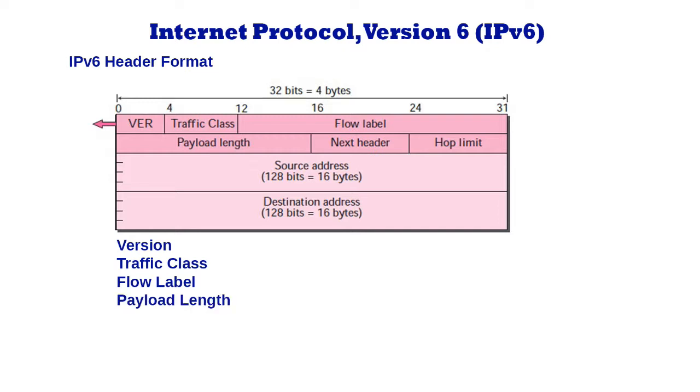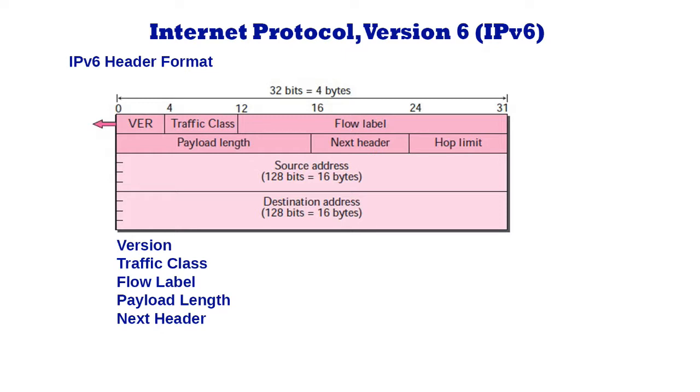Payload length. Payload length is a 16-bit unsigned integer. Length of the IPv6 payload, that is the rest of the packet following this IPv6 header, in octets.